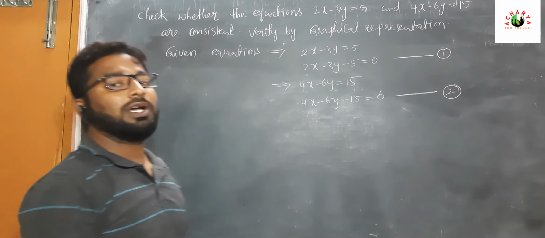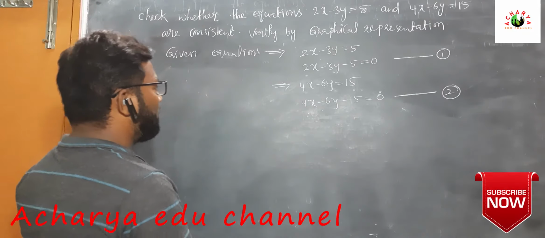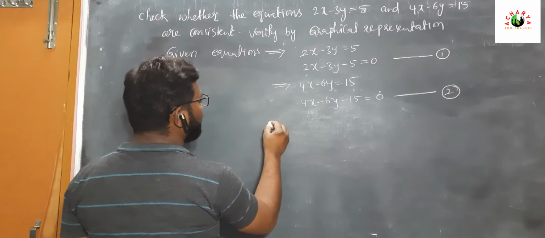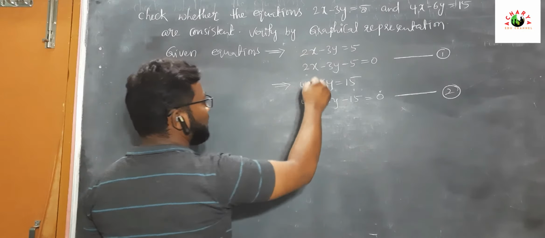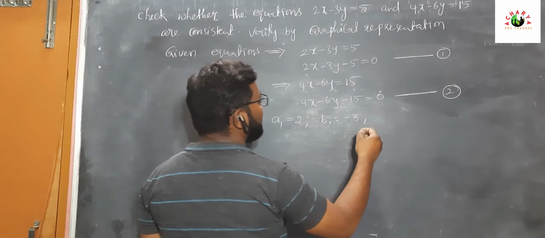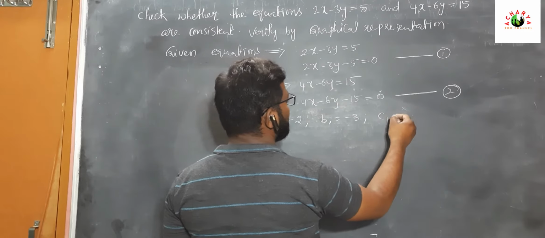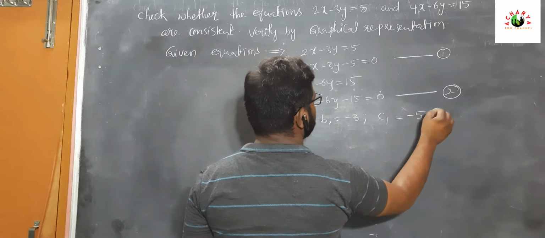Now we are going to check the relationship between the coefficients and the nature of the equations. Here a1 is the coefficient of x in the first equation, that is 2, b1 is the coefficient of y, that is minus 3, and c1 is the constant term, that is minus 5.